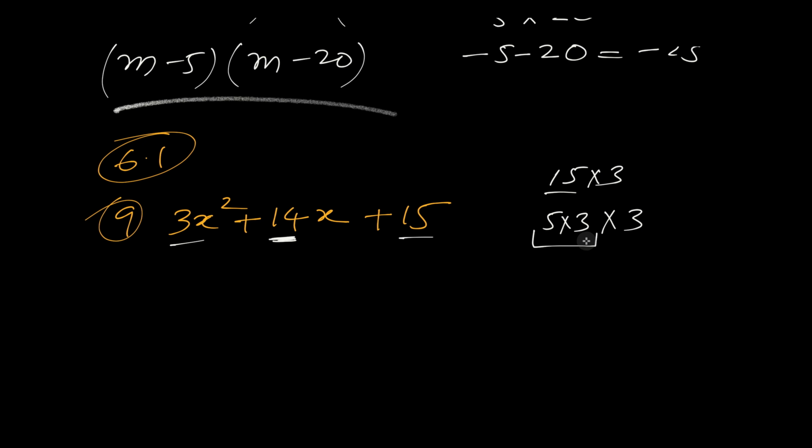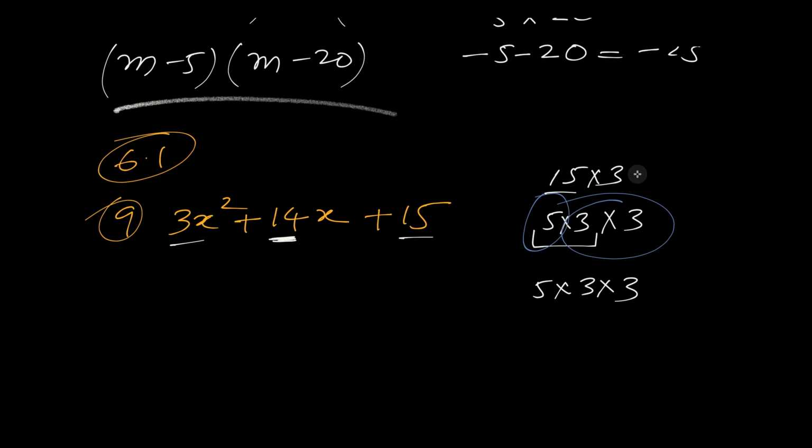Let's say in a different form, I'm going to take just 5 and 3 into 3. This is 5, 3 into 3.